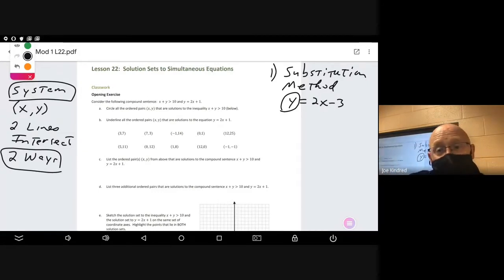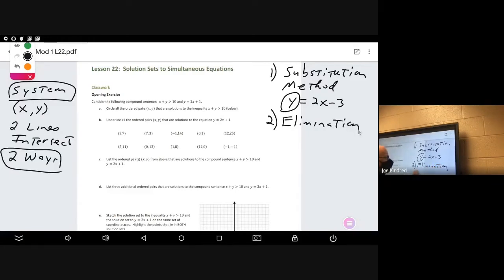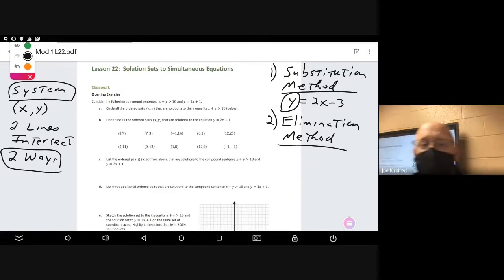However, sometimes it's easier to use another method, which lesson 23 we'll see in just a second. And that method is called the elimination method. And so these two methods we're going to use to solve systems to find where two lines intersect.